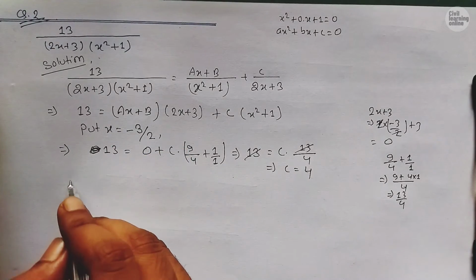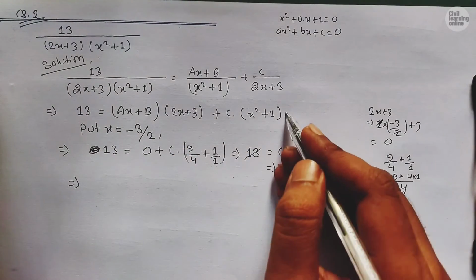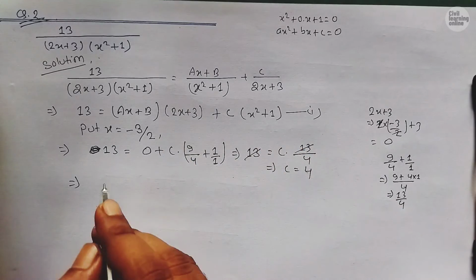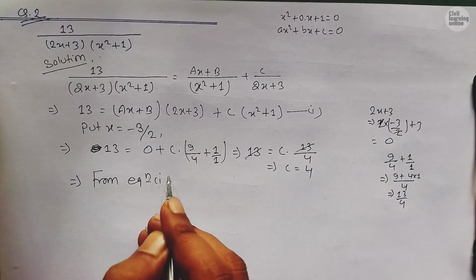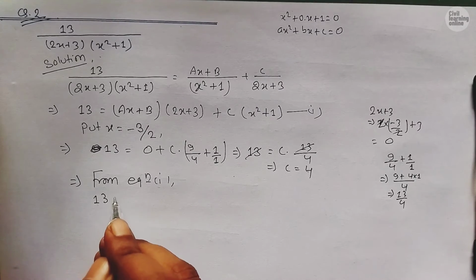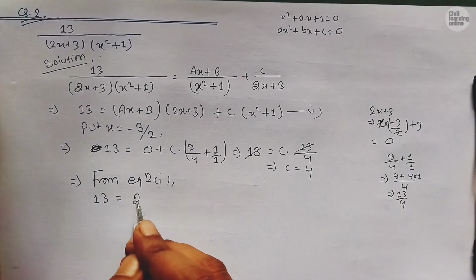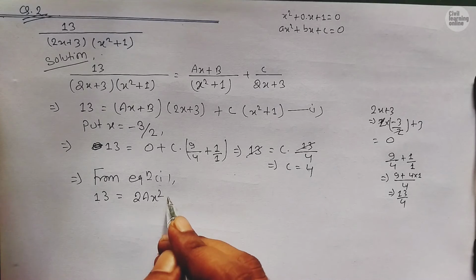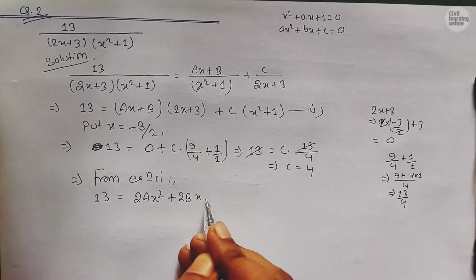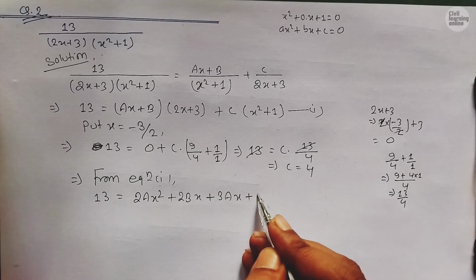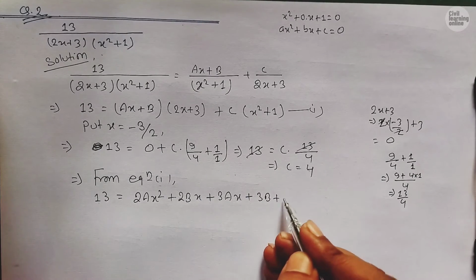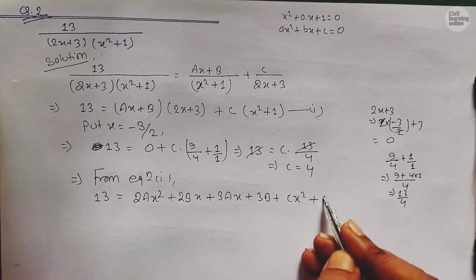Now again what we will do, we will do the multiplication in equation 1. So from equation 1 we will have here 13 equals to, do the multiplication, 2a x square plus 2b x plus 3a x plus 3b plus c x square plus c.